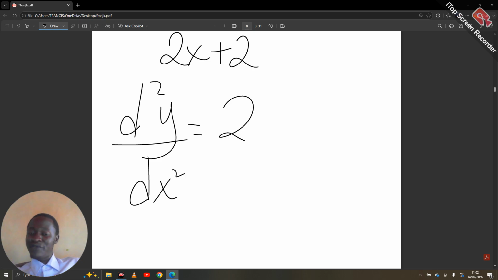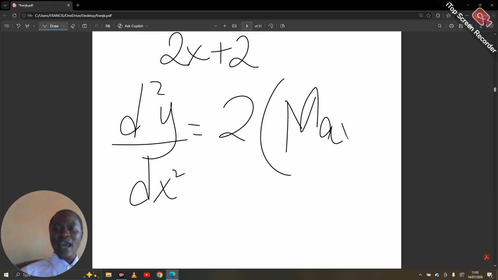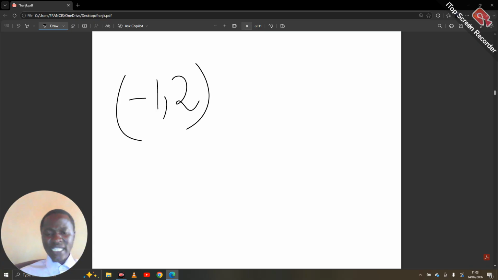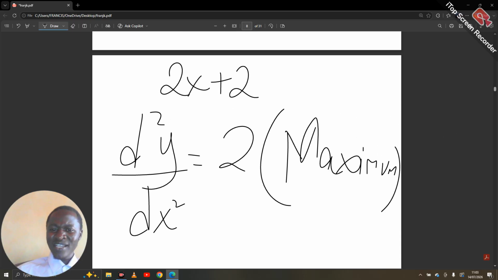positive or negative? 2 is positive. So that means this one is a maxima. So that means that -1, 2 is, sorry, I'm sorry.